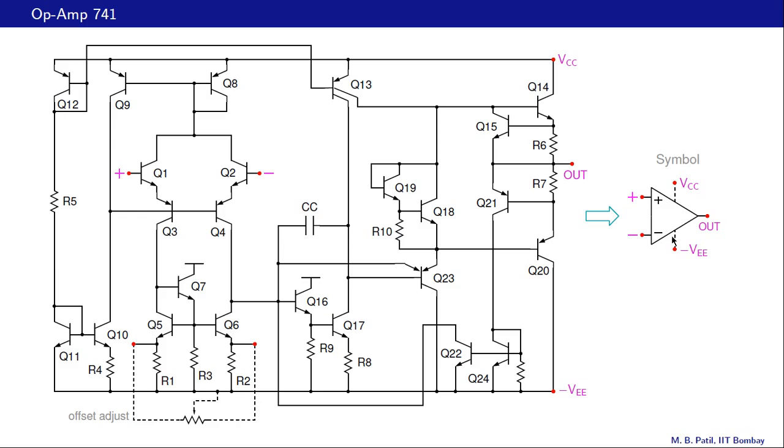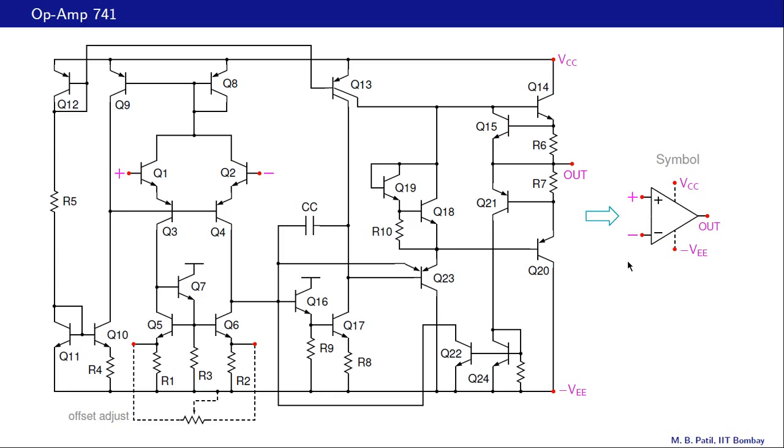And those power supply inputs are also shown here in this symbol as well. Note that there is no separate ground pin for this circuit, and we will comment on that in the next slide.